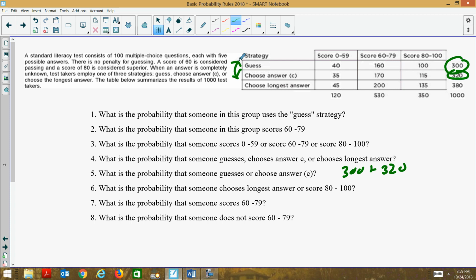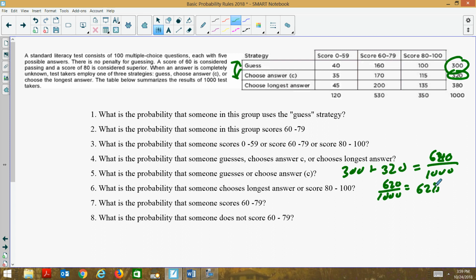You can't guess and technically choose answer C as your guessing strategy. You can guess answer C, but you can't choose answer C by guessing. So the probability of that is adding up those 2 things together, and we get 620 out of 1,000, or 62%.